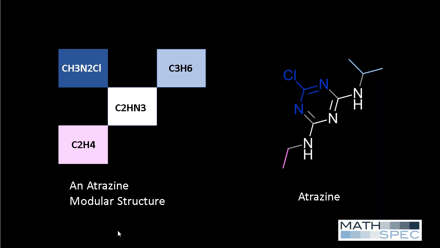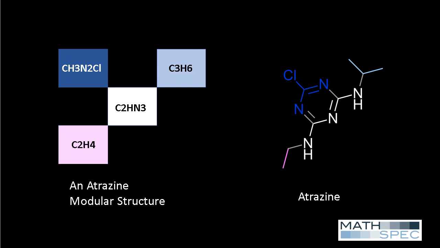And what I find is that this particular modular structure, which matches the modular structure for the unknown metabolite, is very similar, and it also will correlate with the known authentic sample of atrazine.